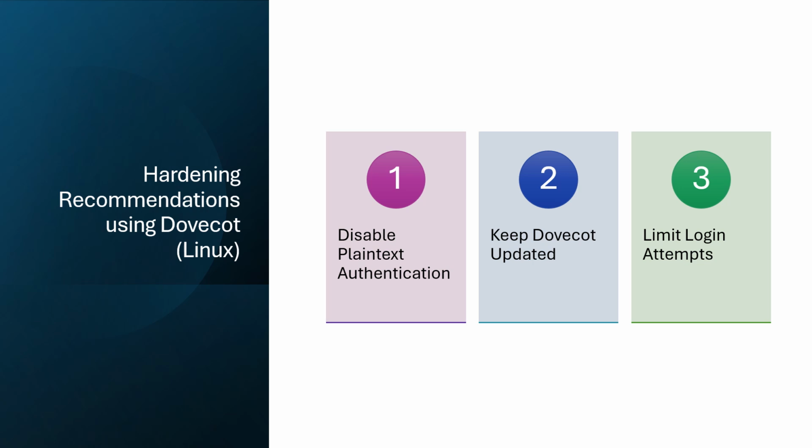So to do this, you can do sudo apt update and sudo apt upgrade dovecot-core dovecot-imapd dovecot-pop3d -y. This updates your Dovecot server because running outdated versions of Dovecot can expose critical security flaws, and regular updates help mitigate known vulnerabilities within the mail server.